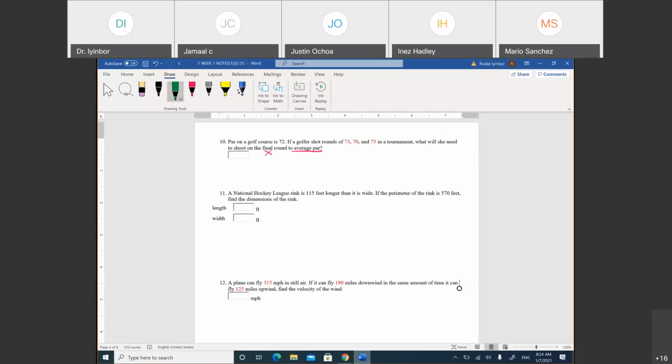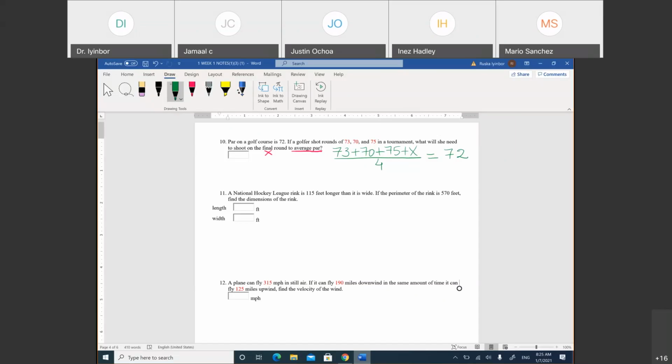We have 73 plus 70 plus 75 plus X, so we add in all 4 rounds here, and you're going to divide everything by 4 because you have to have an average of par, 72. That's what the par of a golf course is, right? Everybody understand that? So we add in all the given numbers plus X, the final round, divided by 4 because that's how you find the average, and that should equal 72.